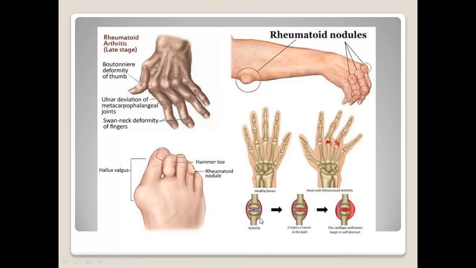So this is how arthritis creates a joint where the cartilage and bones begin to self-destruct. There is inflammation leading to self-destruction. See, this is a normal hand and this is the hand with rheumatoid arthritis, with ulnar deviation at the MCP, the metacarpophalangeal joint, boutonniere deformity, and the swan neck deformity.